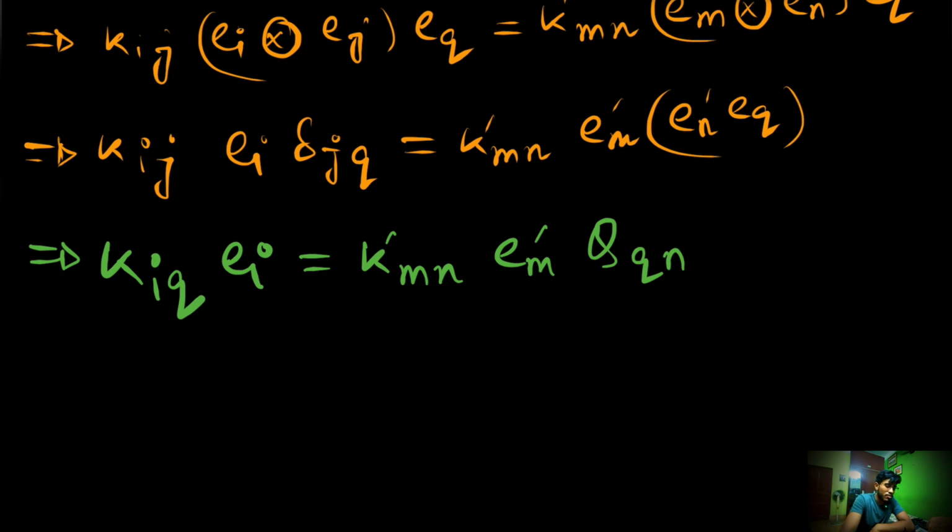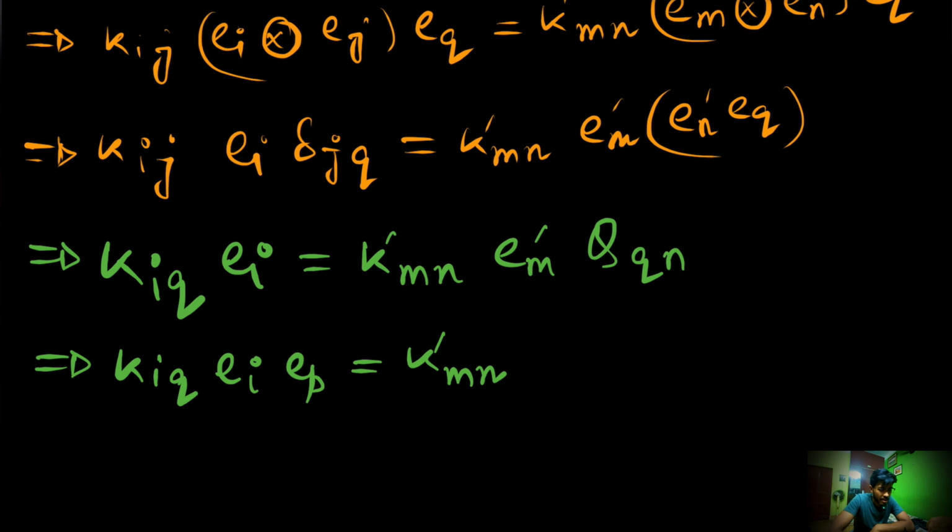This I don't require. Now again, Qiq, I will take the multiplication by Ep. So this will be K dash Mn Em dash Qqn into Ep.